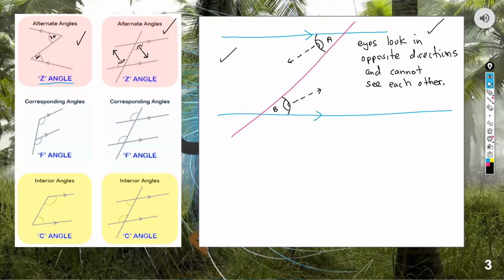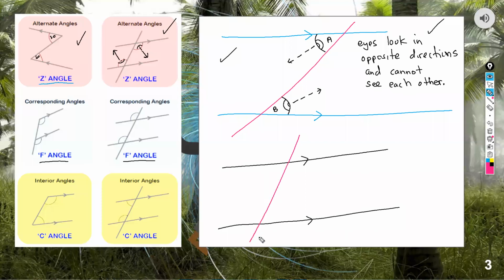The nickname for corresponding angles is F angles, right? Even if you notice the letter F here, that isn't too helpful in my opinion. What it really says is that if you have two parallel lines, and I slice them again, right?